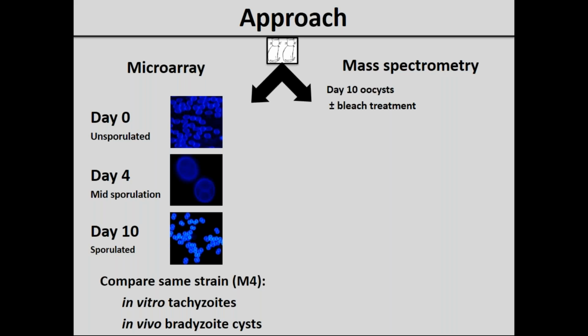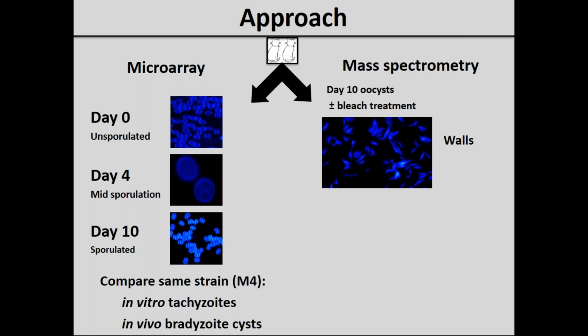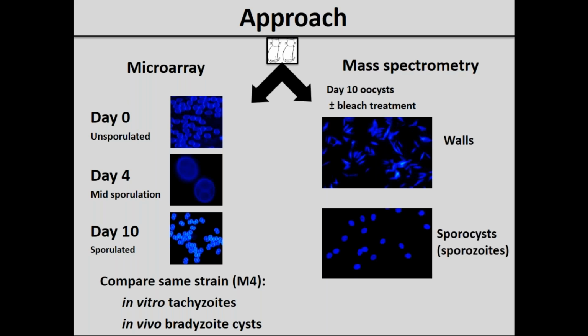And then I also looked at the protein content of mature oocysts, and I did that looking at those that had been treated with bleach, so the outer layer of the oocyst wall had been stripped, or without bleach, so the outer wall was present. And I also separated the oocyst walls from the internal sporocyst.